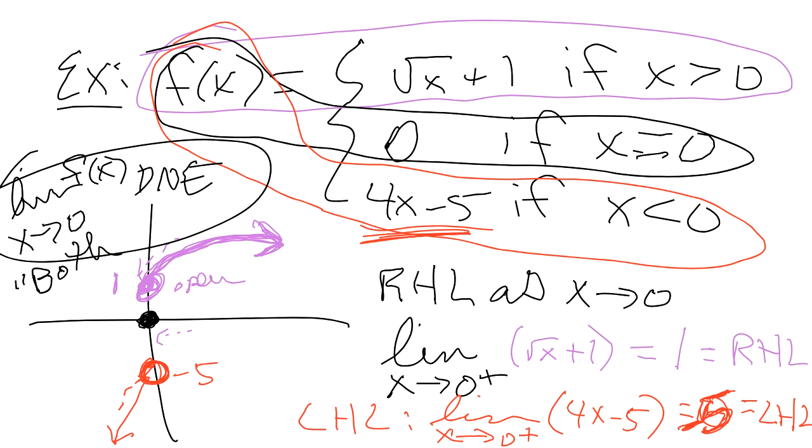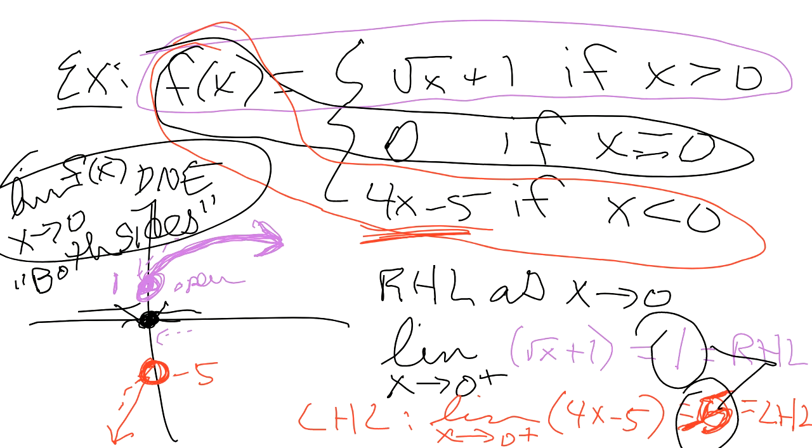The only way a limit is going to exist is if the height you approach from the right is the same as the height you approach from the left. In this case, I have a right-handed limit coming into x equals 0, and a left-handed limit coming into x equals 0. But since they are not equal, we say that this function does not have a limit at x equals 0.